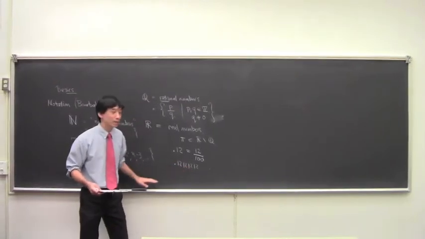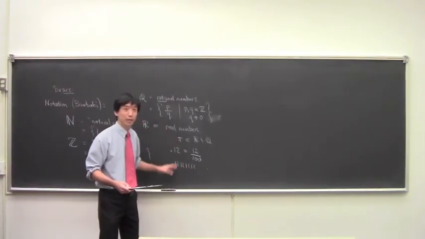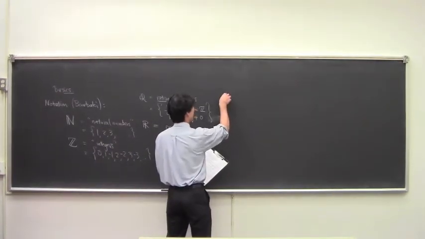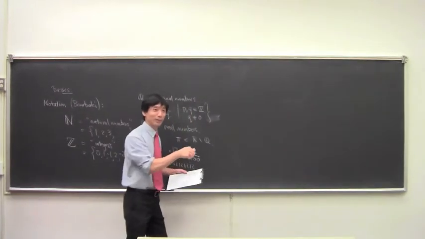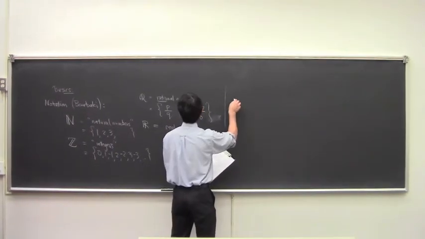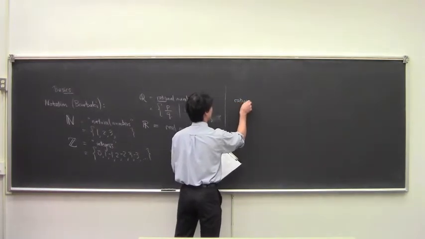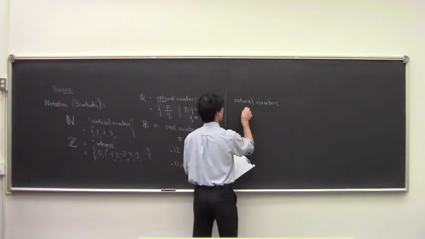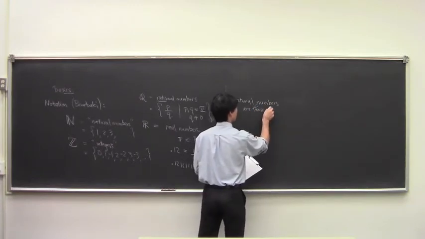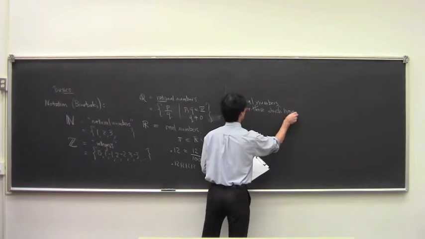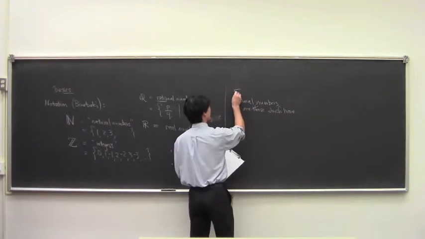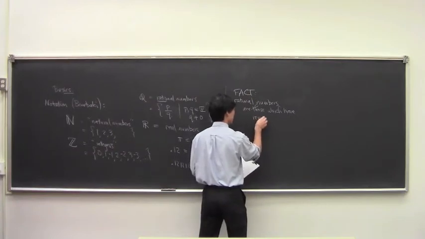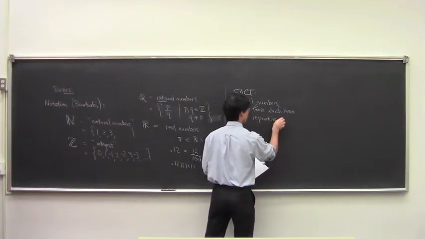In fact, there's a fact that I'm just going to give to you. We're not going to explain it for now, at least. We could explain it, but I'm not going to. So I'm just going to put this as a fact: rational numbers are those which have repeating decimal expansions.